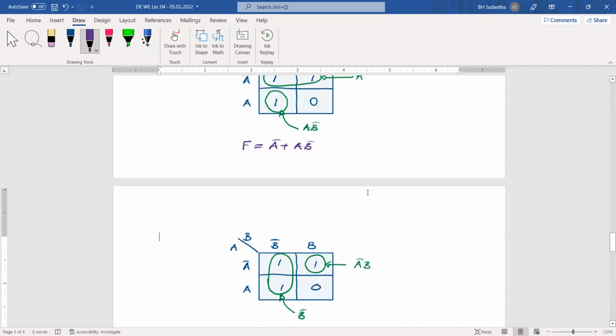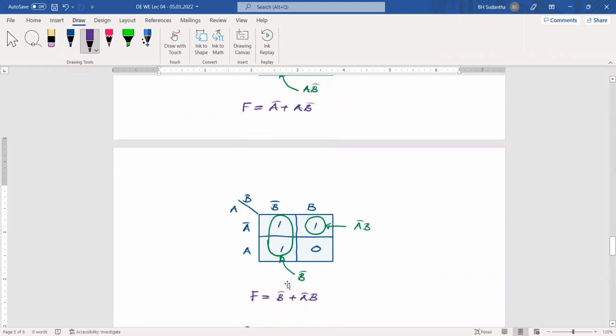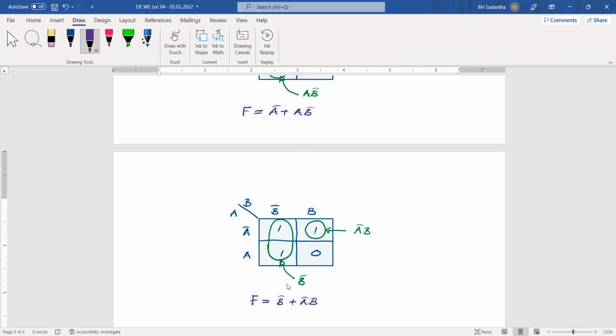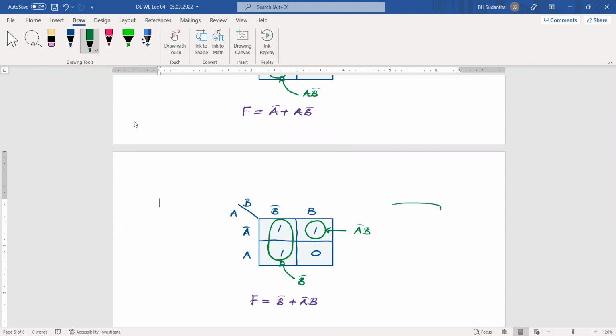Okay, anyway, here you can see we made this horizontal group. Here we made this vertical group. Then how can we do these groupings? If you make a horizontal group, that is okay. If you make this type of vertical group, that is also okay.